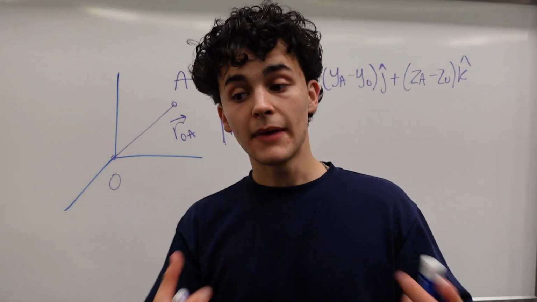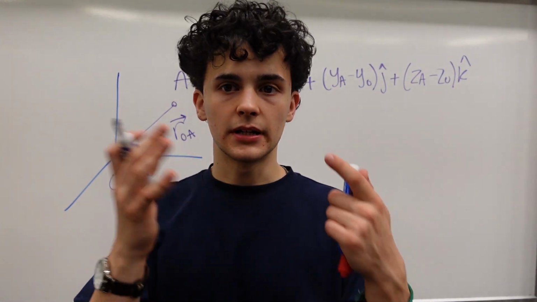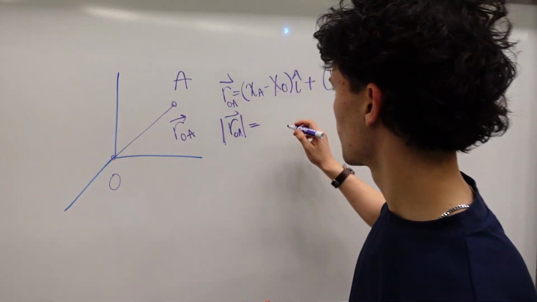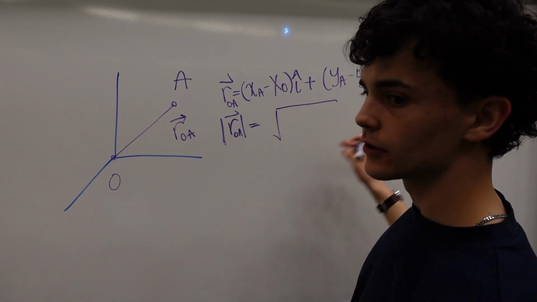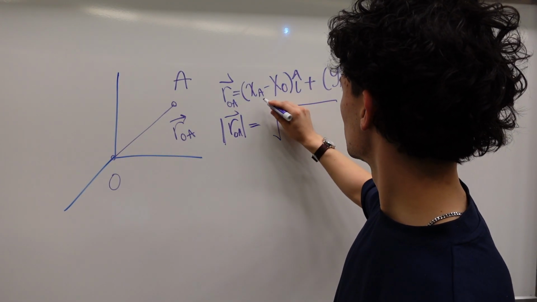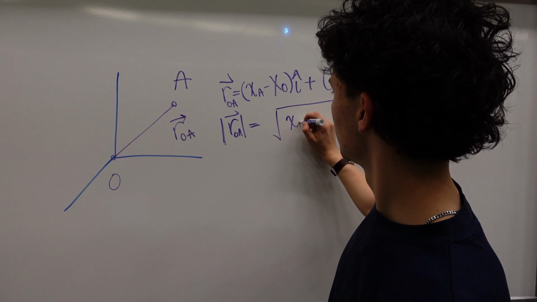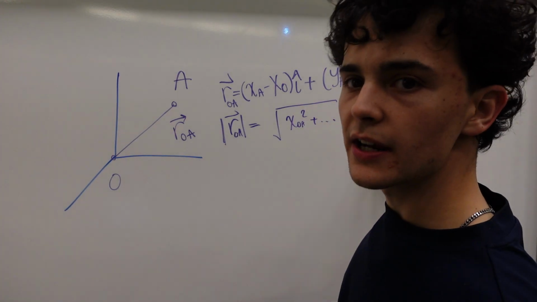And as we know, the magnitude is just the sum of those values, all of them squared, under a square root. So that would be your I, J, K values all squared. You could write that out, but it would just be whatever your x is, so your x_OA squared plus so on for your y and for your z all squared.